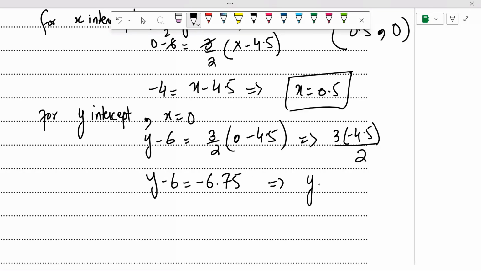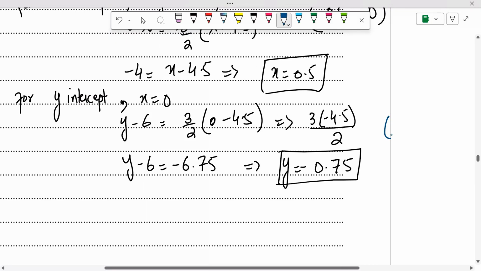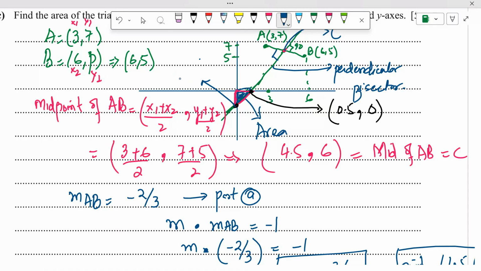Solving further, we have y equal to -0.75. So we have the y-intercept, when the x coordinate is 0, so this point is (0, -0.75). So this is 0.75 and this one is 0.5.